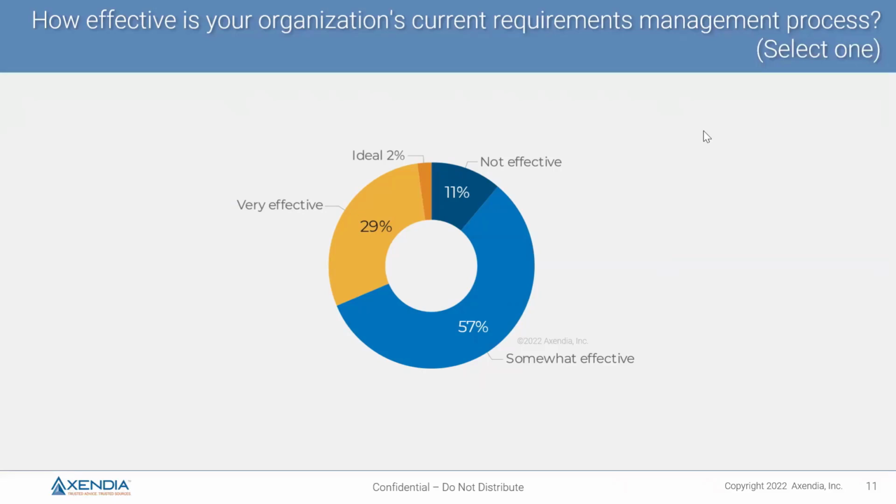So because of the complexity alone, you would want to see the very effective and ideal numbers go up, because when we combine them, we're only at 31%. And what's really shocking is that only 2% of those companies that we surveyed for this research project believe that they have an ideal process.